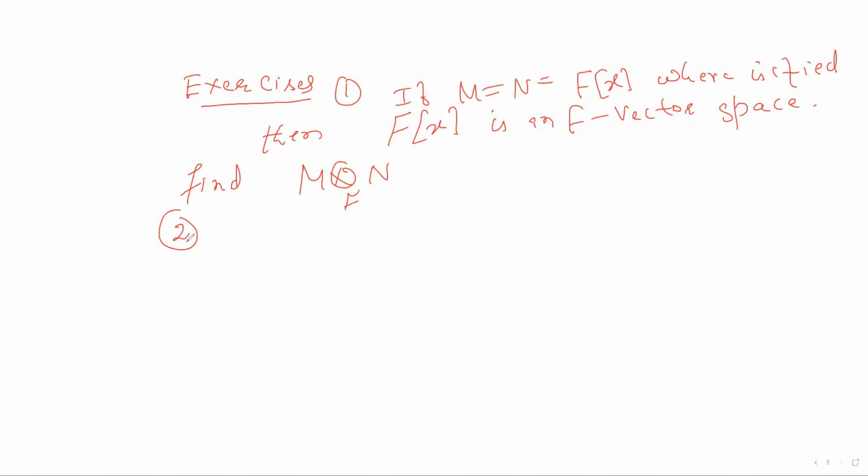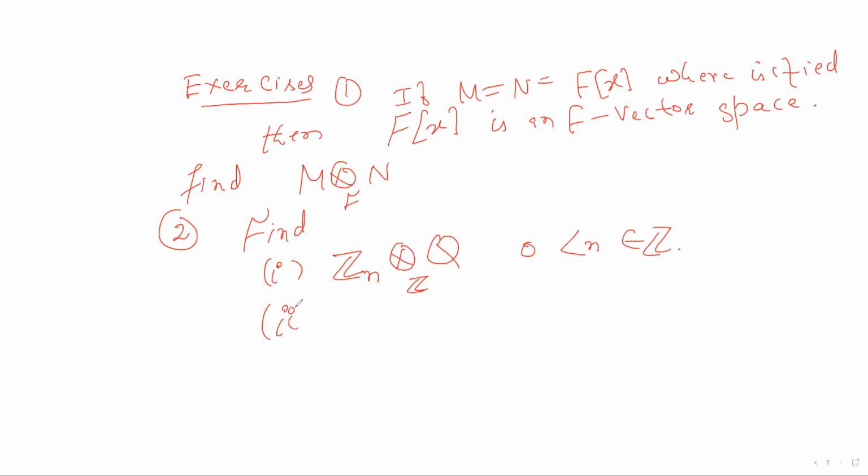Secondly, find first Zn tensor product Q over Z, where 0 less than n belonging to Z, meaning n is positive here.